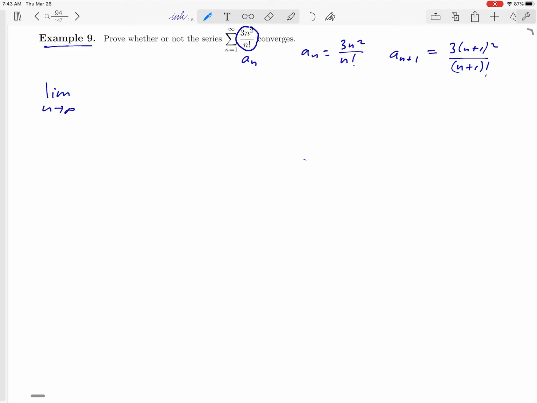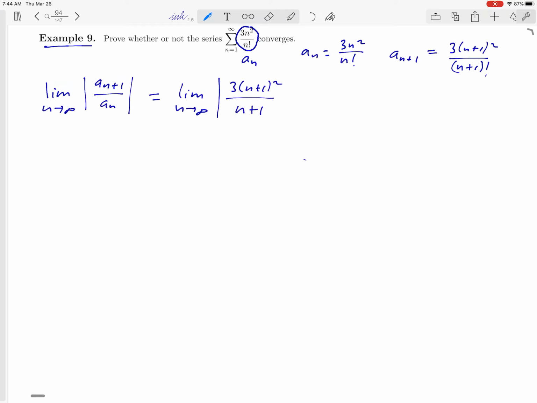Now we are ready to actually do the ratio test. We take the limit as n goes to infinity of the absolute value of a_(n+1) over a_n. We wrote down above what a_(n+1) and a_n look like.